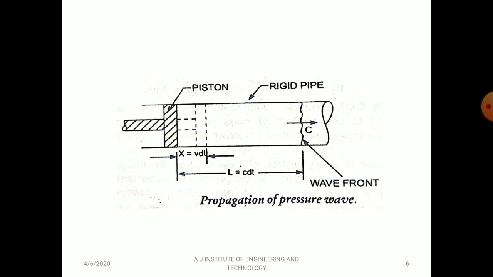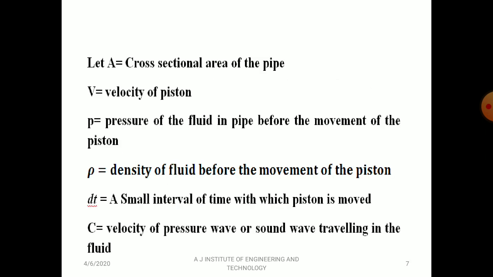So this is the experimental setup. It consists of a piston cylinder arrangement. Area of cross section of the piston is A. You can see there, you are going to give the piston a movement or displacement of x. Because of that, the pressure waves are going to move by a distance L. You can see the wave front there. So let us define the terms.